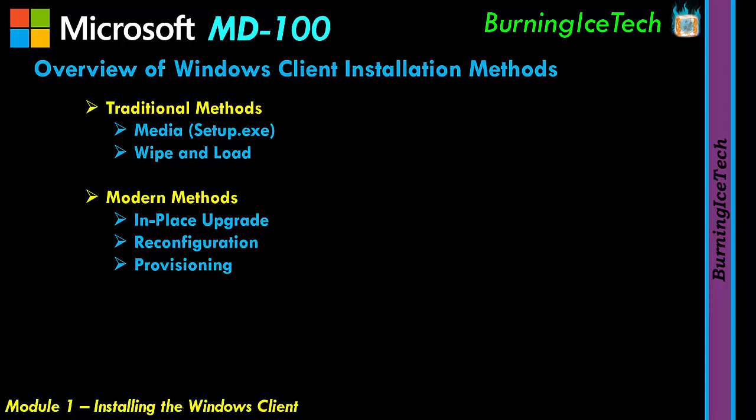If I need to install something onto one of my users' or clients' machines, would it not be nice if I could install Windows 10 or Windows 11, and once it's installed, this person already has some or all of the applications and configurations they need? With a normal traditional installation, you would still have to install applications, maybe do some updates, maybe do some configurations and settings, which is not impossible and not difficult. It's just inconvenient and time consuming, especially if you have to do this for a lot of people in one go. So provisioning is just going to speed things up and make your life a little bit easier.